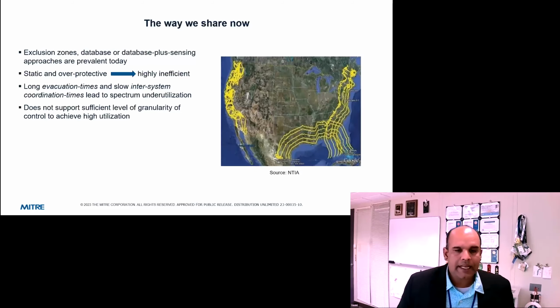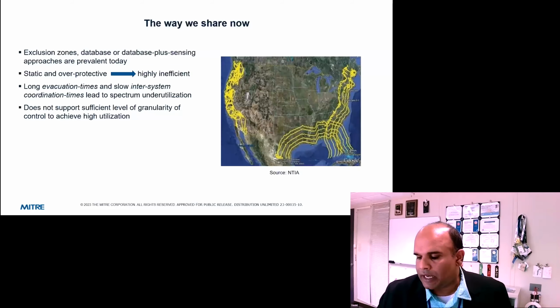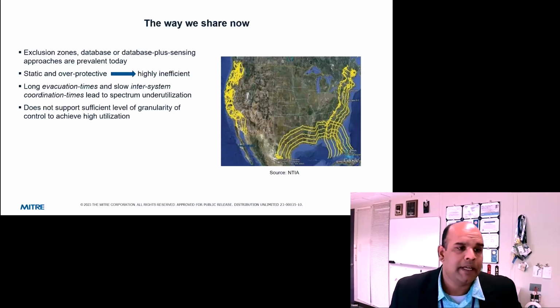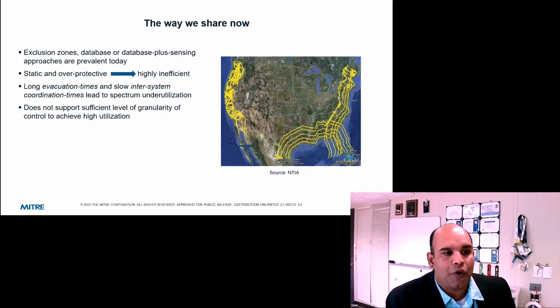As I said, this is a problem that has been around for some time, and we have been doing this since probably even 4G. There are two techniques that I would like to point out, even though there are some slight modifications to these techniques. The first one is what we call the exclusion zone.